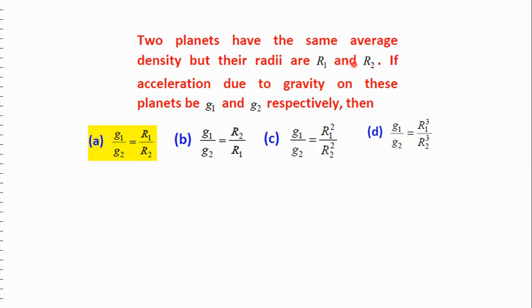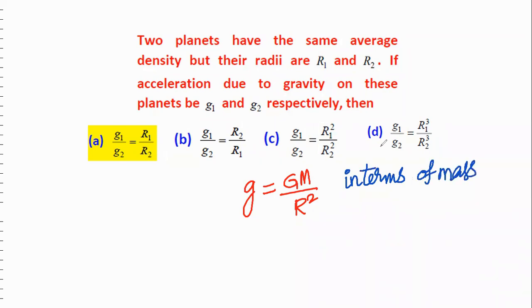Actually, acceleration due to gravity small g is equal to Gm divided by R square. It is in terms of mass.